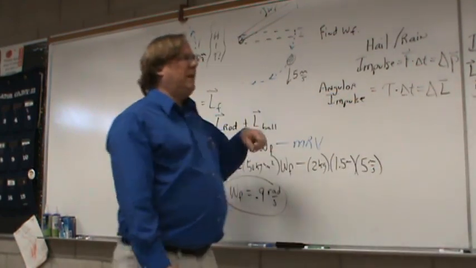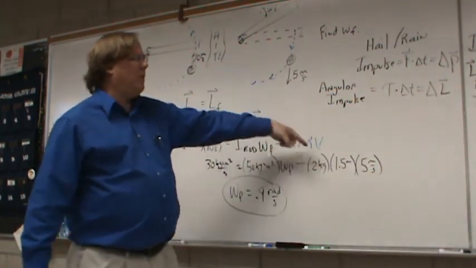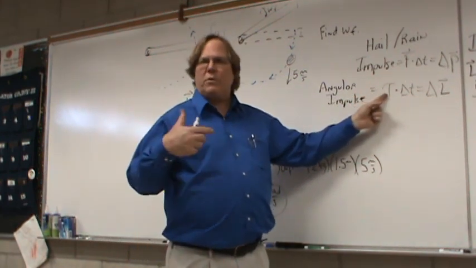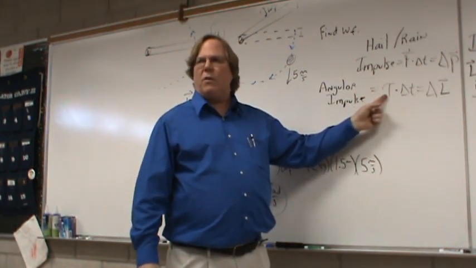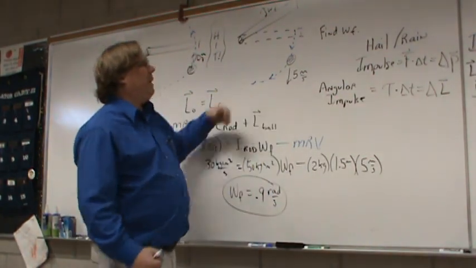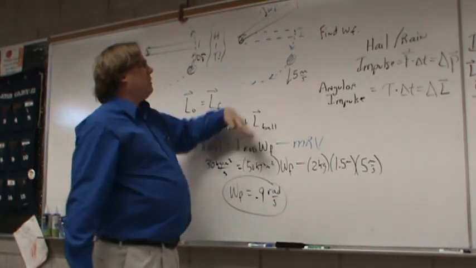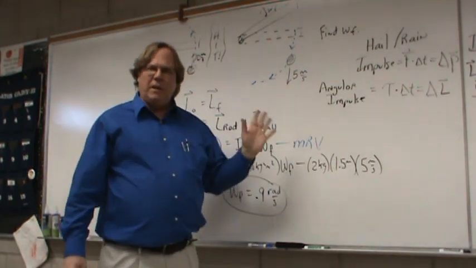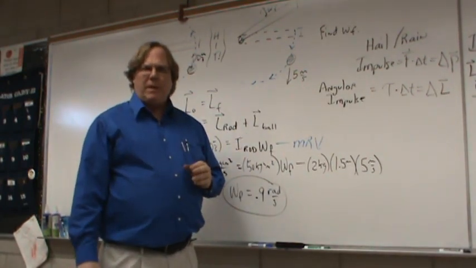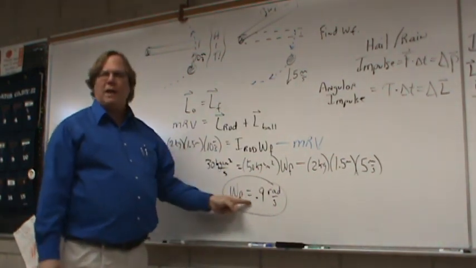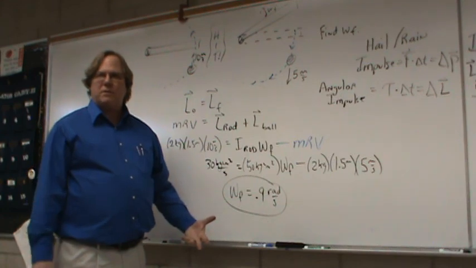And so I want you to see that by the ball bouncing, you get a bigger change in angular momentum, which means there's more torque being exerted on that rod, which means the rod's being hit harder, I'm giving it more torque, and so it's going to rotate faster. You guys okay with that? I just want you to see that the ball bouncing off the rod, resulting in the rod having a higher omega, makes sense.